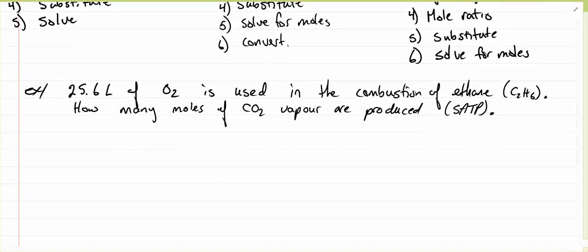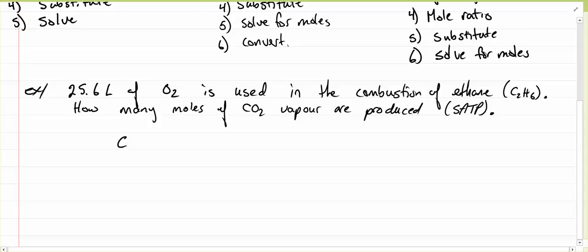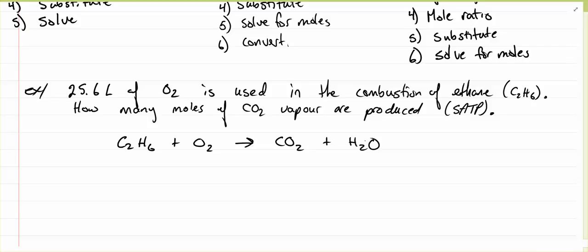So let's start off with our balance. We know this is a hydrocarbon combustion reaction, and we know we have C2H6, and that combusts in the presence of oxygen. And combustion reactions always form CO2 and water. This is actually a bit of a tricky balance because of the 6 here.